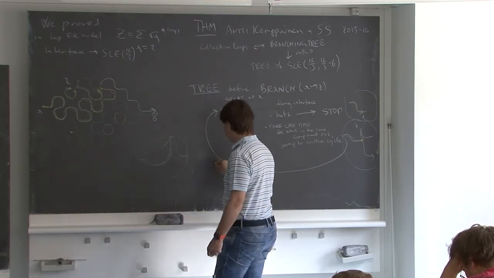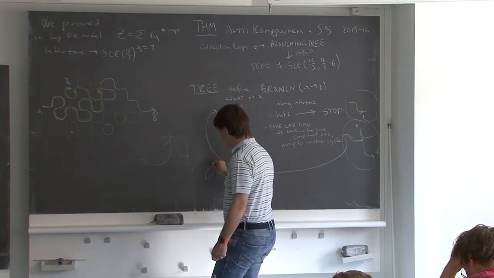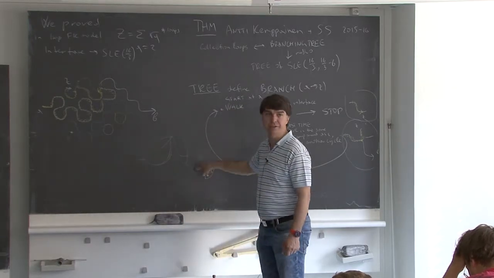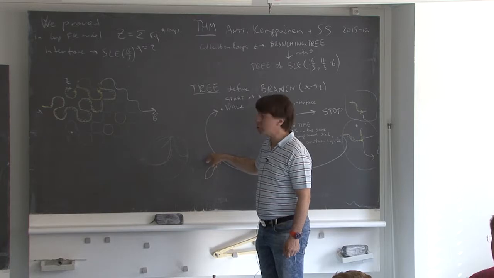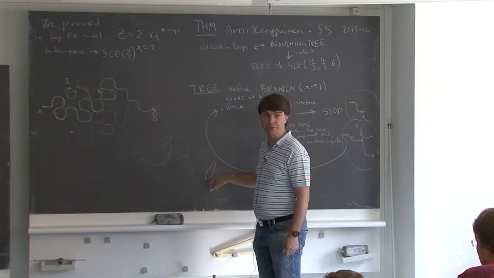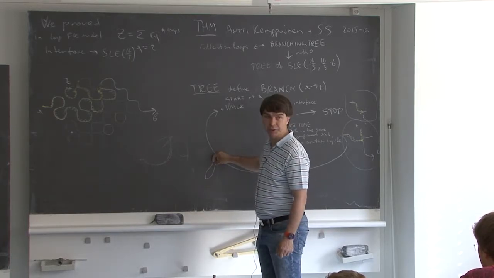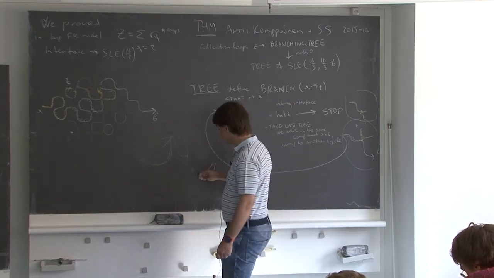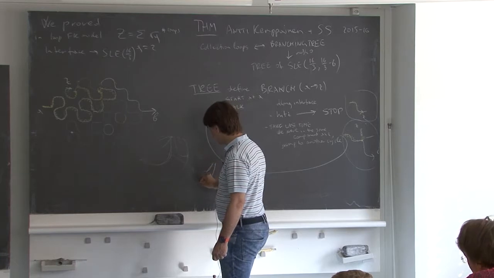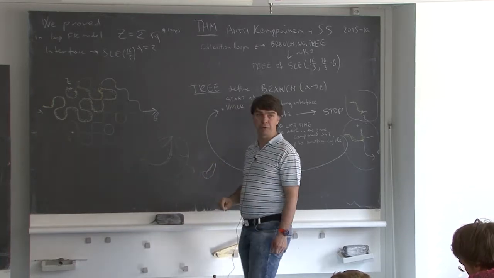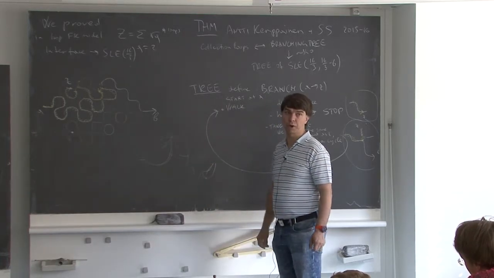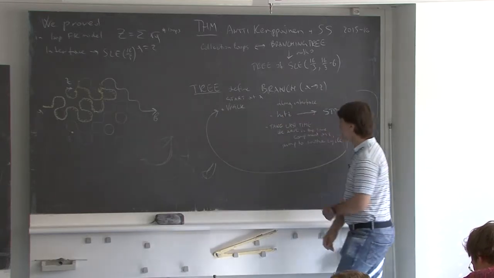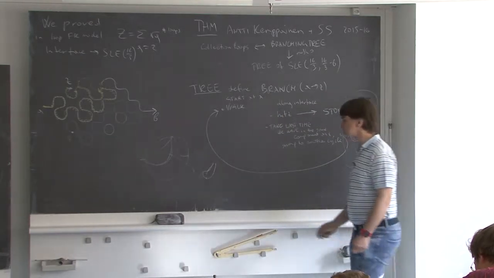The new domain has an interface which starts at a point and ends at the same point. So most likely it will be very small because it's conditioned to start and end at the same point. But then next time we jump, we have another interface, which also most likely will be very small. But once in a while, we'll get long ones. So this is basically the procedure.